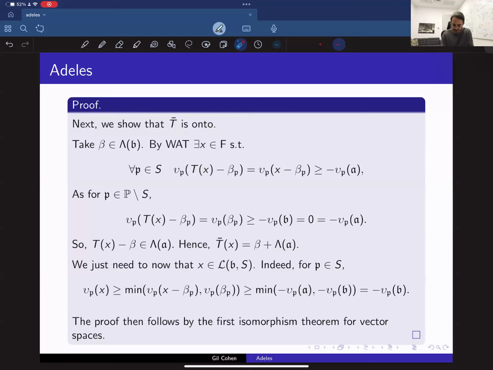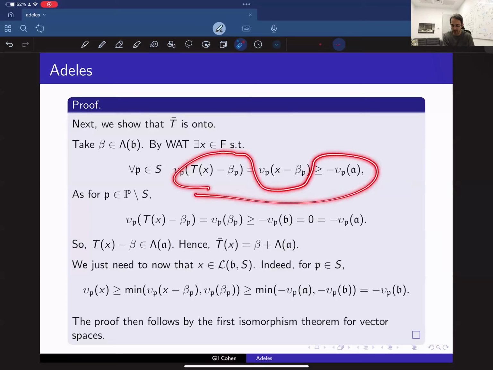And so again, you can see that actually for all places this inequality holds.